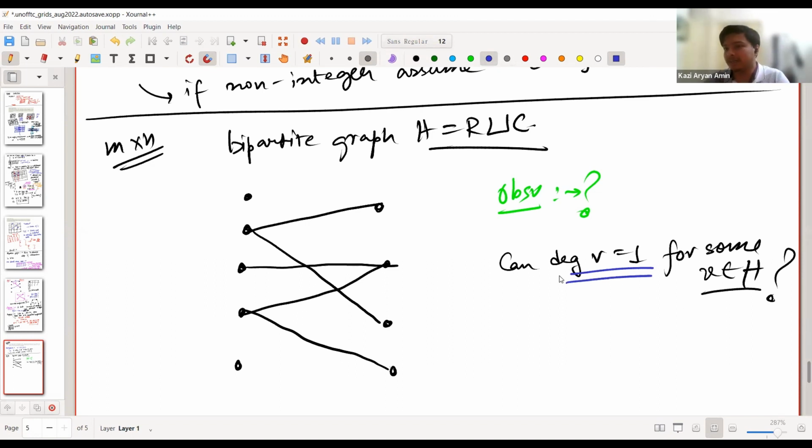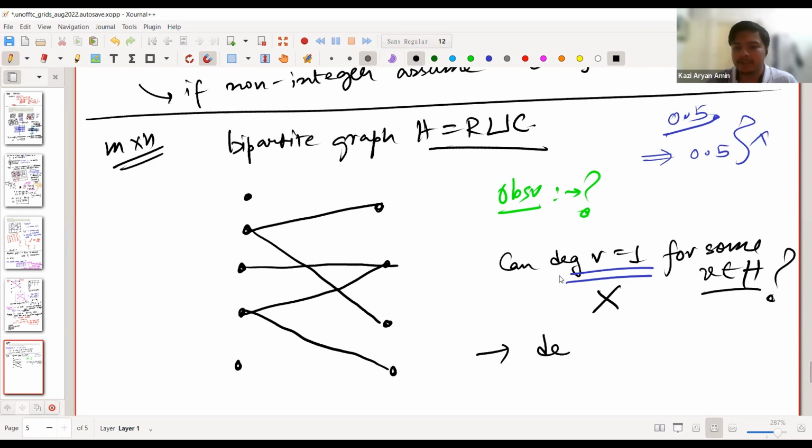But then you need to have the entire row sum to be an integer, right? But that cannot be true. So suppose you had only one edge corresponding to 0.5, and because we assume that every other integer entry was 0, you would have that column sum or that row sum is 0.5, which you can't have. So you can't have degree v equals to 1.